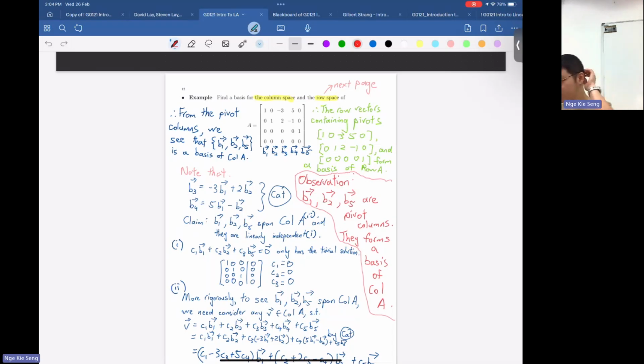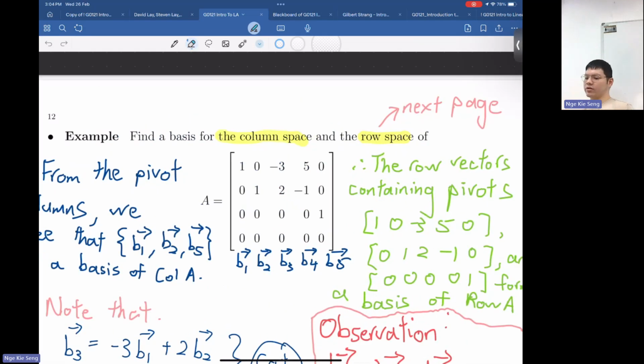Okay. The first question is about this example in the lecture note. We discussed the column space and row space before. So let's look at this question again. We are trying to find a basis for the column space and row space of this matrix here.